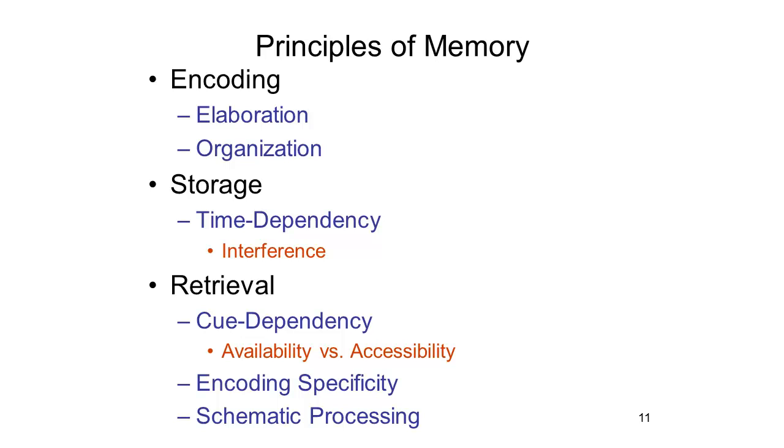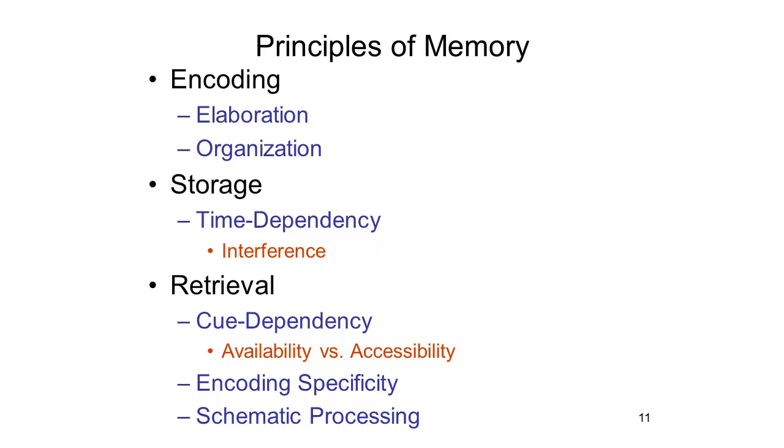And then we have a set of principles governing the retrieval process. We have a principle of cue dependency, which basically says that you gain access to available memories depending on the amount of information provided by the retrieval cue.